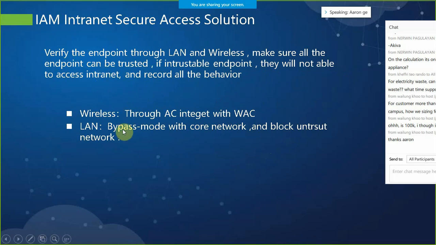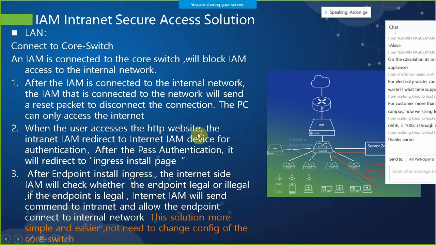For the wireless side, I'm not sure whether all of our friends know that we can use the IAM server as a portal server to integrate with wireless LAN controllers. And for LAN, we can use IAM to mirror all the traffic from the core switch to IAM, and then we can do authentication and block untrusted connections.